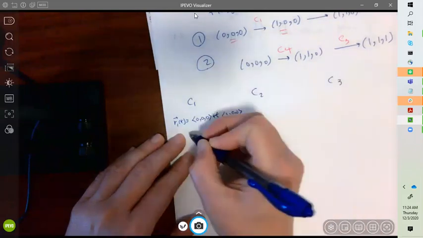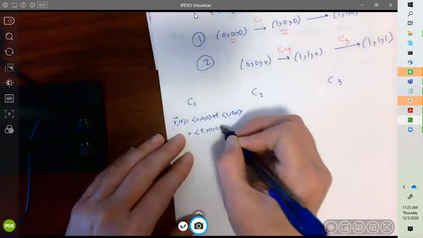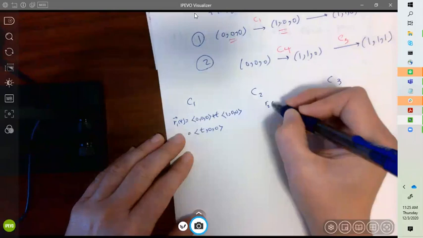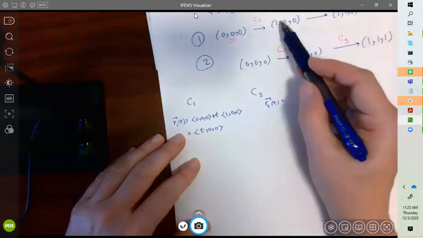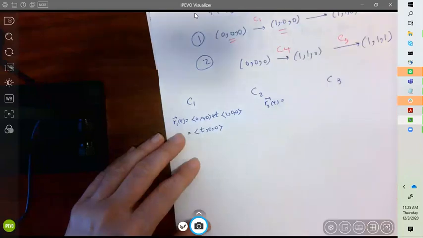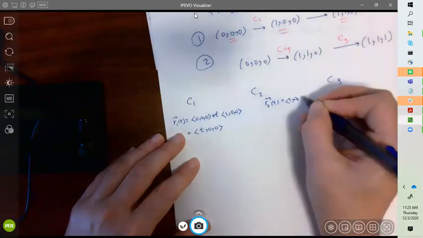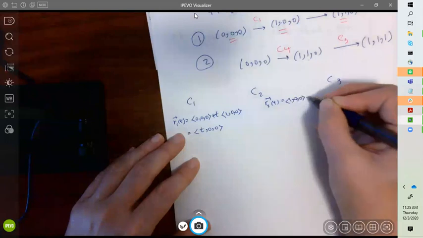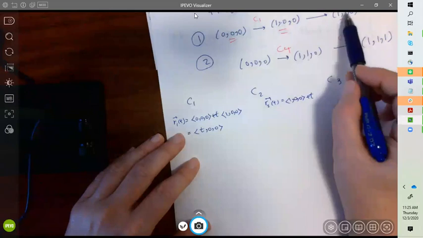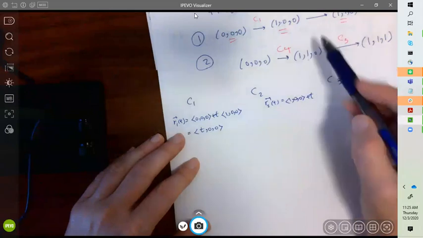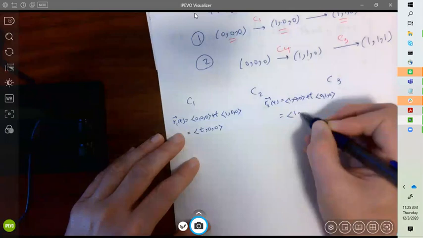So R1 of t is t, 0, 0. Then R2 of t is equal to, going from this point to that point. So it starts from 1, 0, 0, then t times, and the difference is 0, 1, 0. So this is going to be 1, t, and 0.